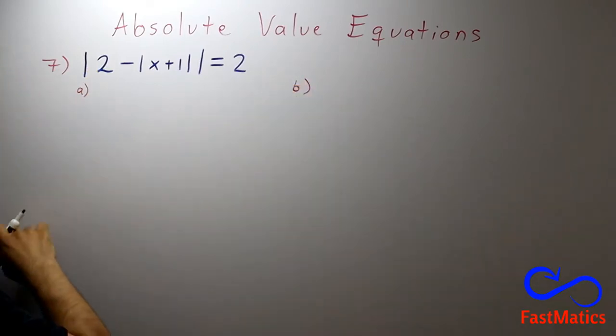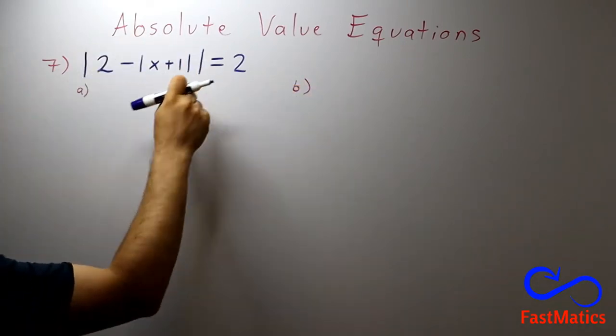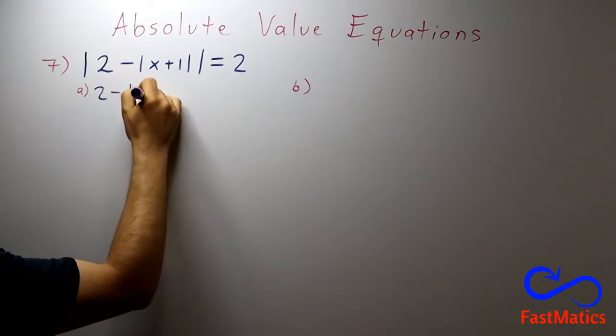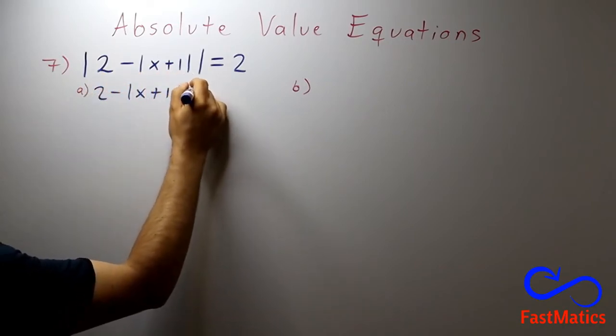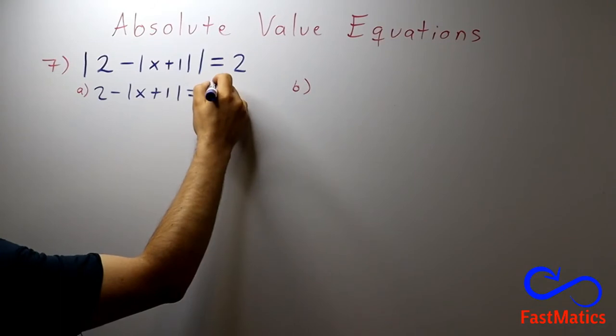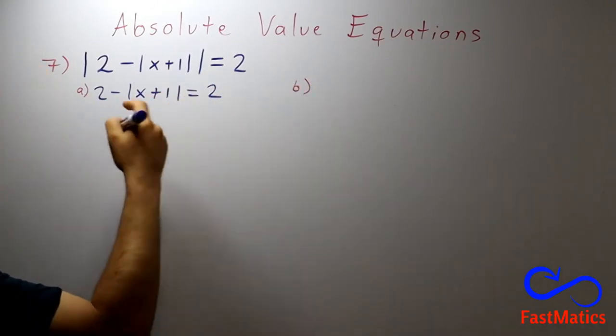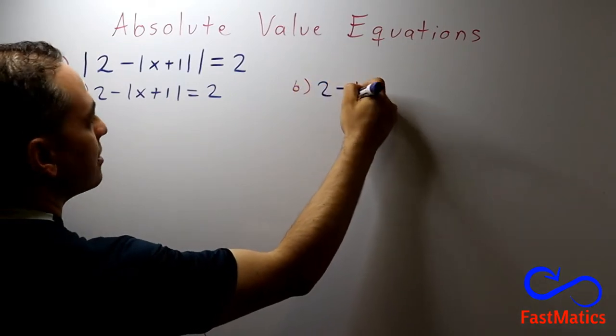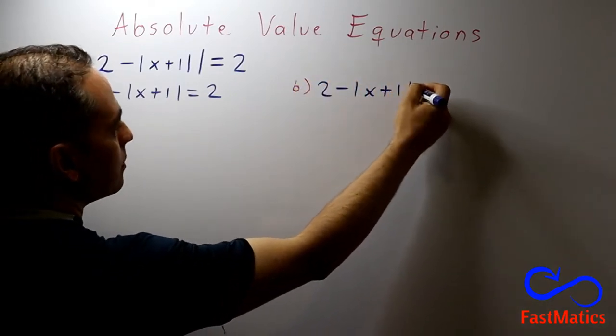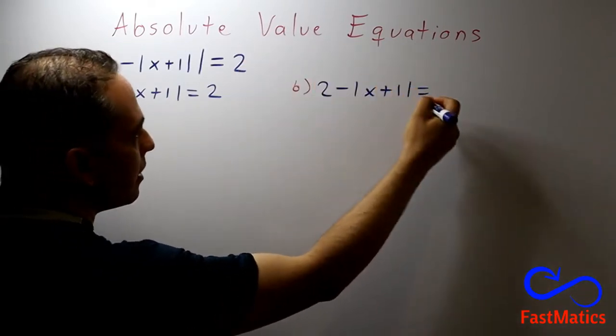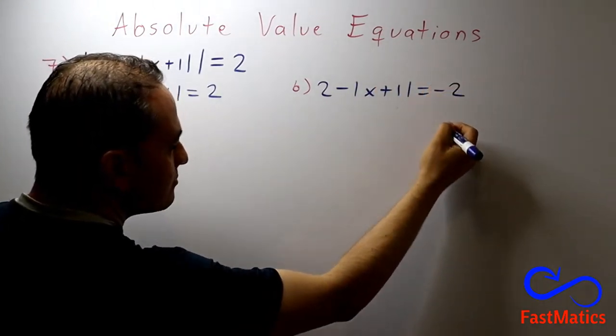First possibility, the expression inside the absolute value will be equal to the right side in positive. But also the expression that is inside the absolute value will be equal to the right side with a negative sign.